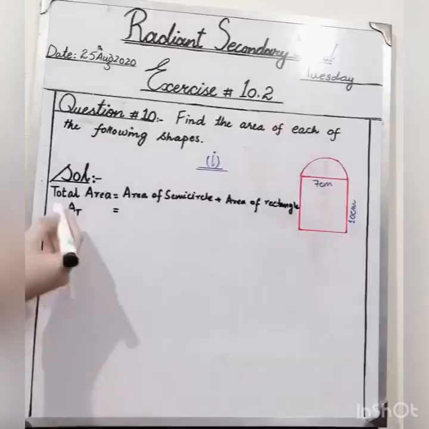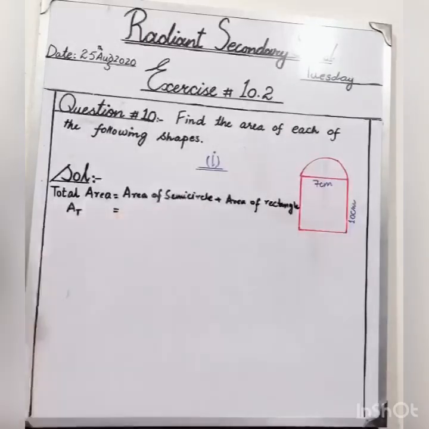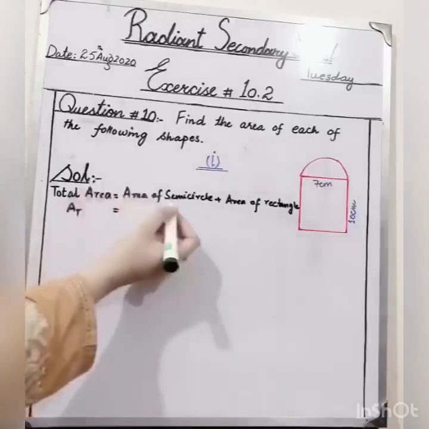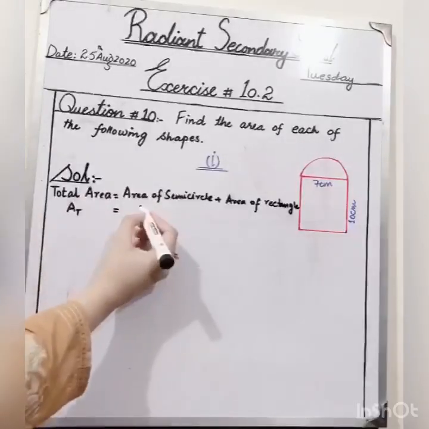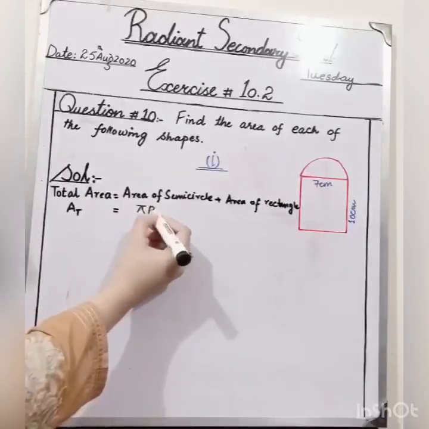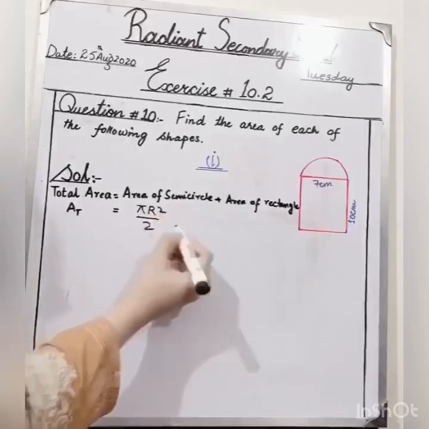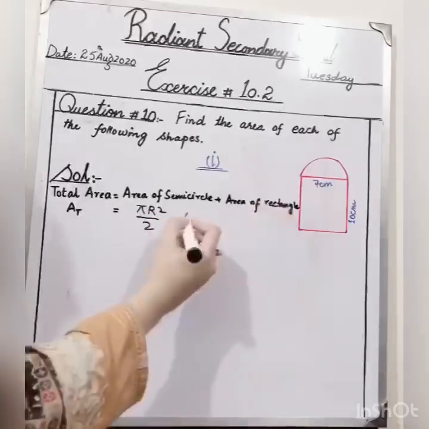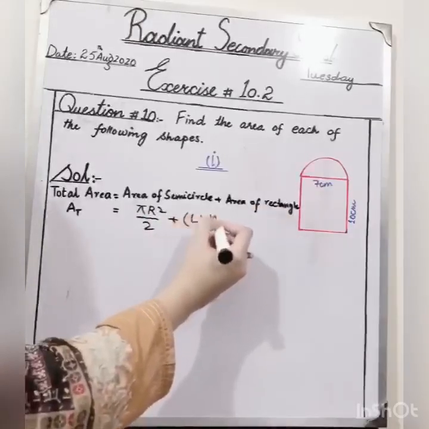So here the total area is equal to area of semicircle plus area of rectangle. The formula to find the area of a semicircle is pi r square upon 2, plus the area of rectangle, which is length into width.